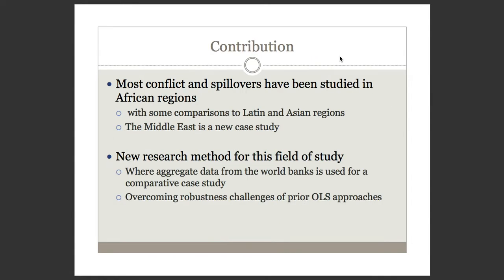So my contribution is to take an area that has not been considered yet, Syria, and also introduce a new model to overcome the limitations of other papers. And by doing this, I can look at the economic impact of civil wars and add to the knowledge base.